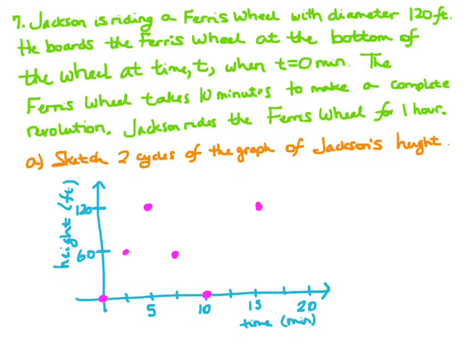At 15, he's up at the top. 12.5, it would be halfway. 17.5, halfway back down. And 20 minutes, we're back at 0. And so we're going to connect these points. And there's a graph of his height around the Ferris wheel.